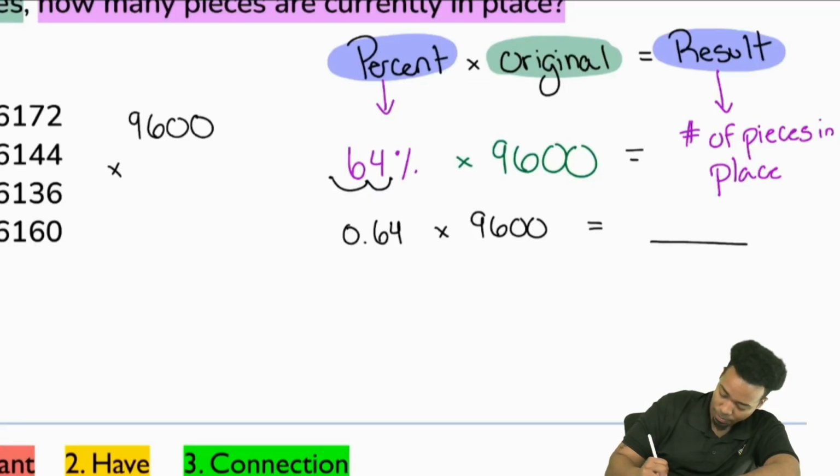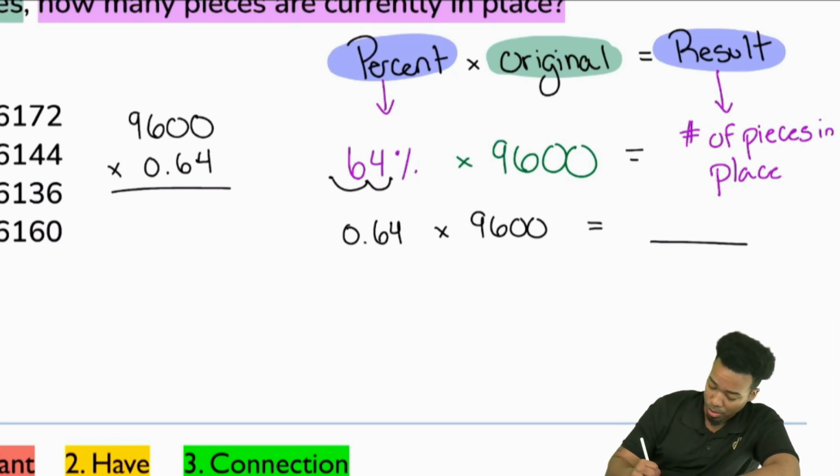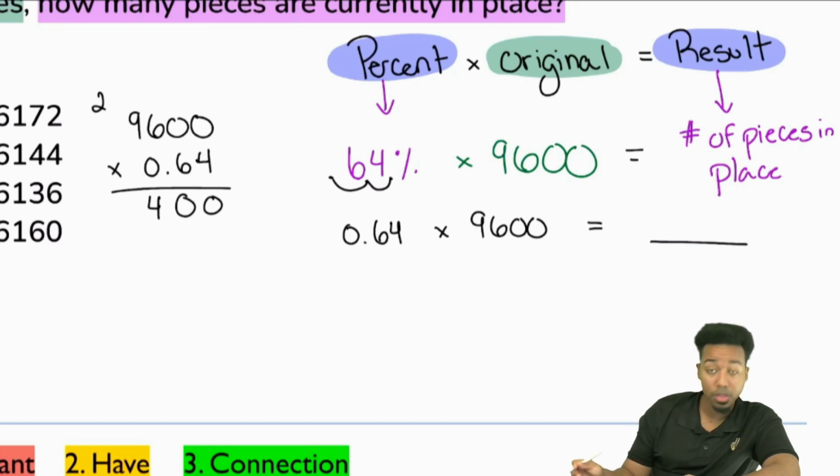9,600 times 0.64. And what we're going to do is ignore the decimal, and we're going to bring that decimal back at the end. So here we go. 0 times 4, that's going to be 0. 0 times 4, that'll be 0. 6 times 4, that'll be 24. 9 times 4, that'll be 36.